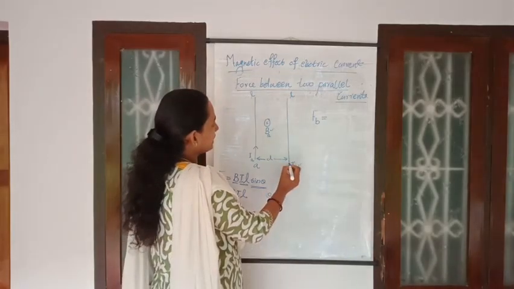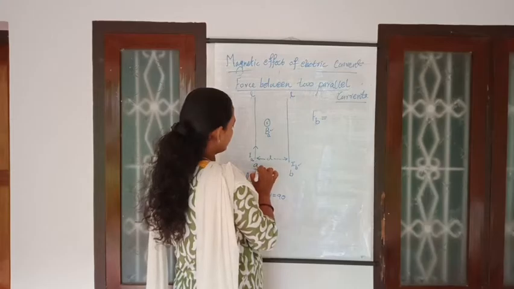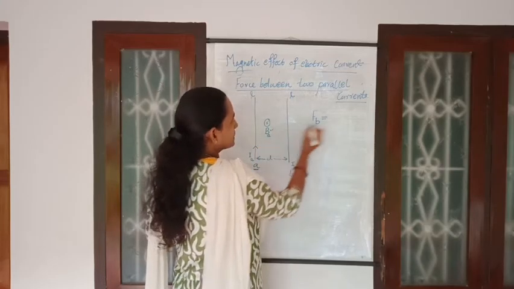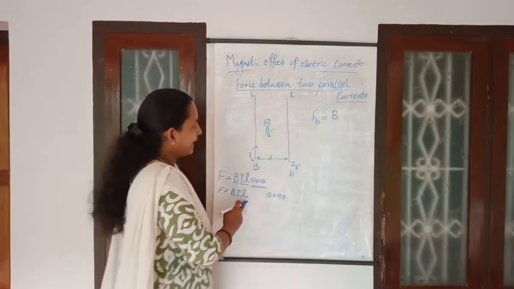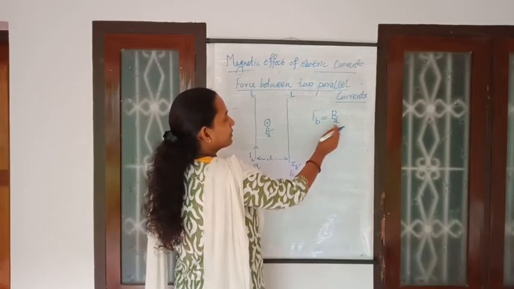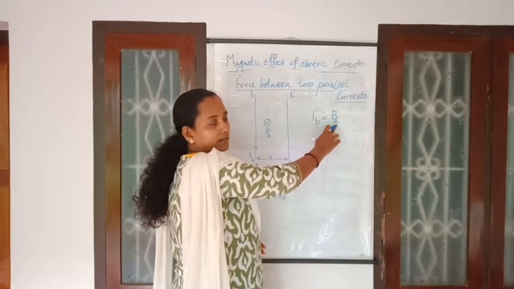So the second conductor B experiences a force because of the current passing through conductor A and its magnetic field. Whenever you write F is equal to BIL, this B is the magnetic field produced by conductor A, which is carrying a current.